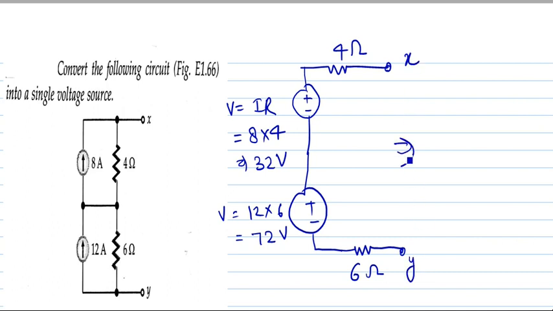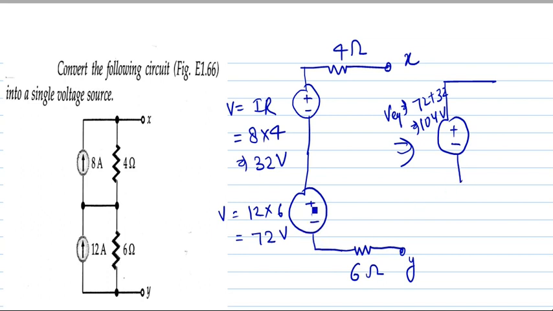So now convert this into one single equivalent voltage source. So here we can see V equivalent will be equal to 72 plus 32, that is 104 volt.